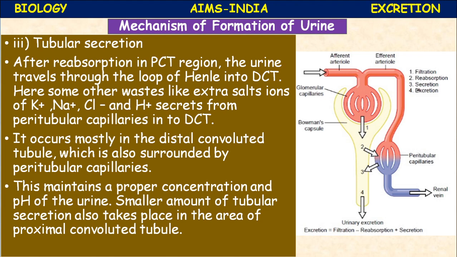The third step, tubular secretion, takes place in the distal convoluted tubule. Okay. From the loop of Henle, it enters into the distal convoluted tubule. And the fourth step, after the final formation, the concentrated urine is eliminated out. That is called micturition. Okay, urinary excretion.